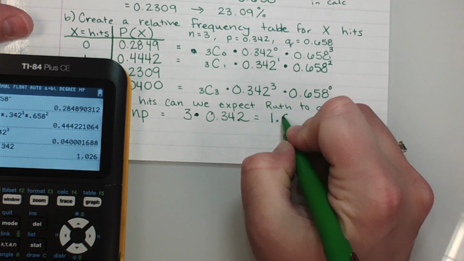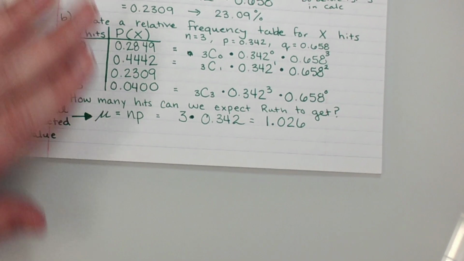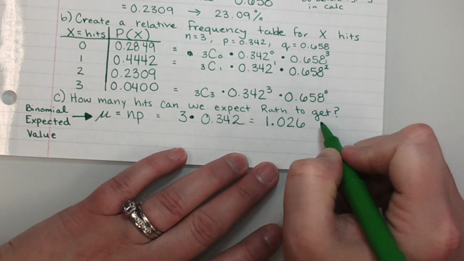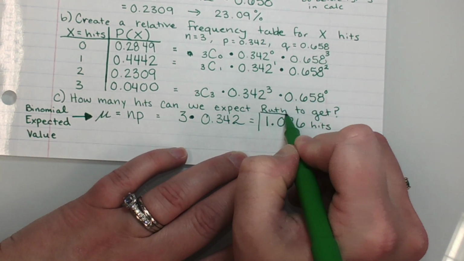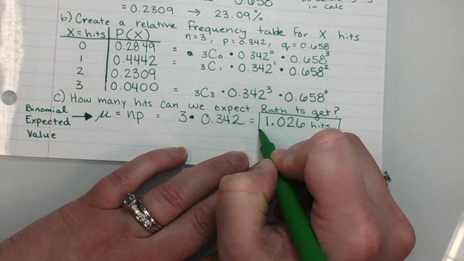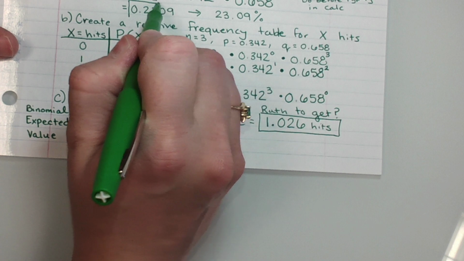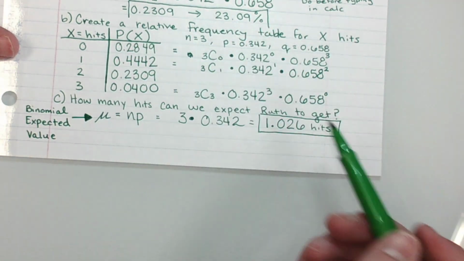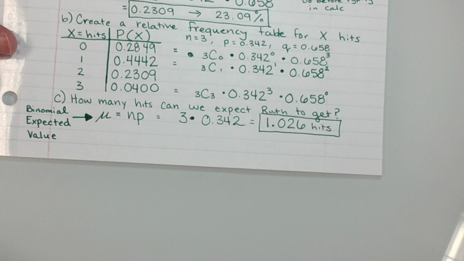I get 1.026. Now, technically, that was a number of hits, and in the real world, if someone asked you how many hits would you expect, would you answer them with 1.026, or would you just tell them about 1? You'd probably say about 1.